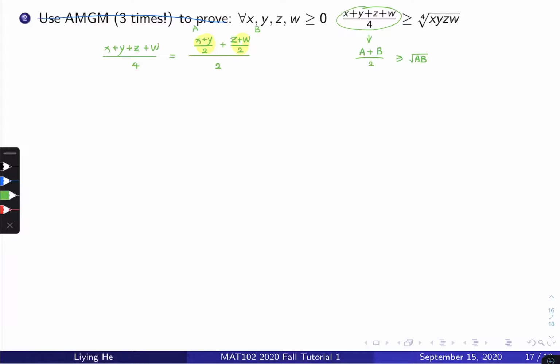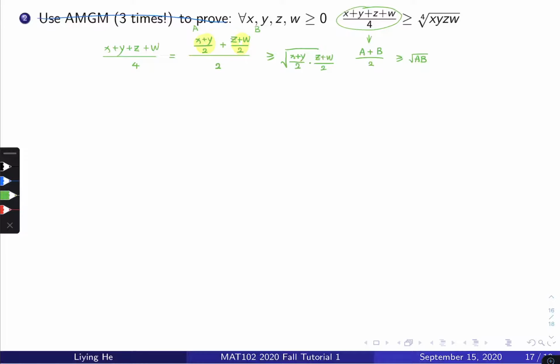So this is my A, this is my B, then I would know that this part is greater than or equal to the square root of AB. So that's the square root of (x plus y) over 2 times (z plus w) over 2. Alright?